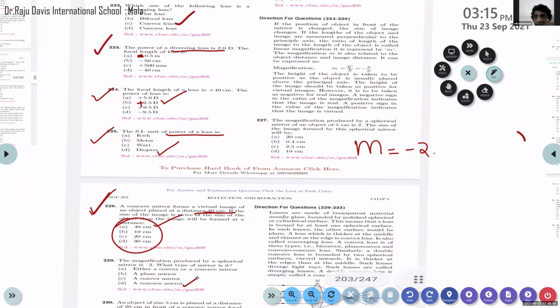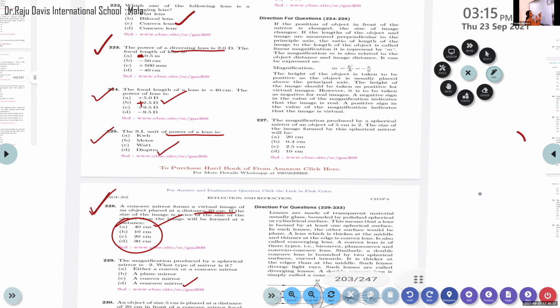Why? Not only in the case of concave; in the case of every mirror, concave or convex, the object is always placed on the left side of the mirror. Actually, the reason is magnification produced by a convex mirror is always positive.